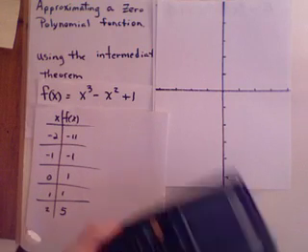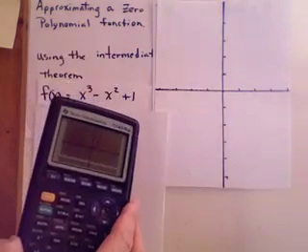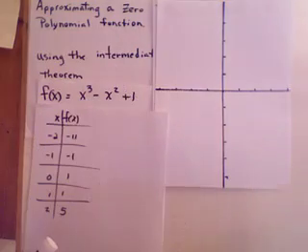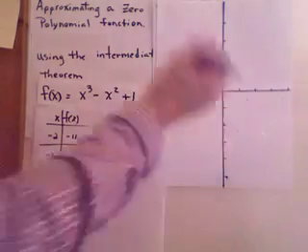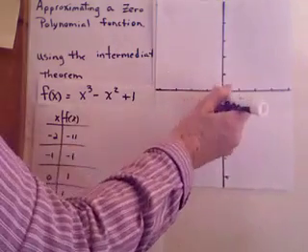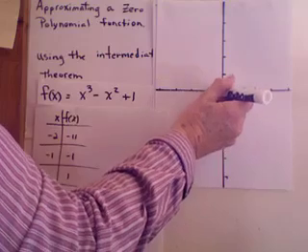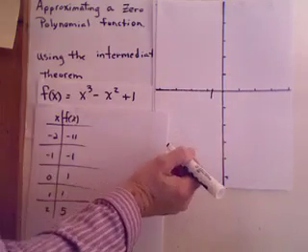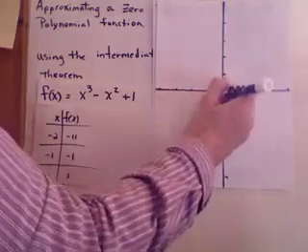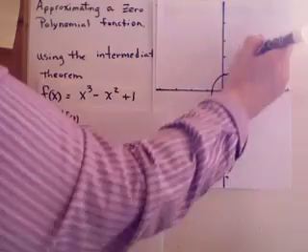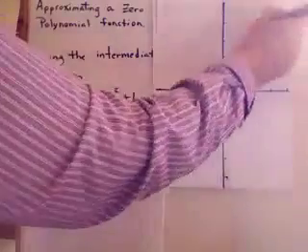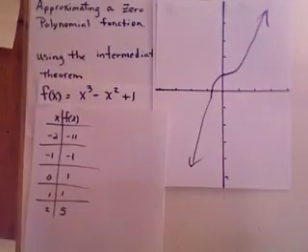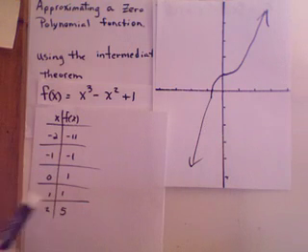If you look at the graph on your calculator, you can see that it crosses the x-axis somewhere between 0 and 1. But exactly where, we're not sure. You can also see that it crosses the y-axis at 1 and then continues up this way and down this way. So what we're going to try to do is narrow down and find out exactly where it crosses the x-axis.